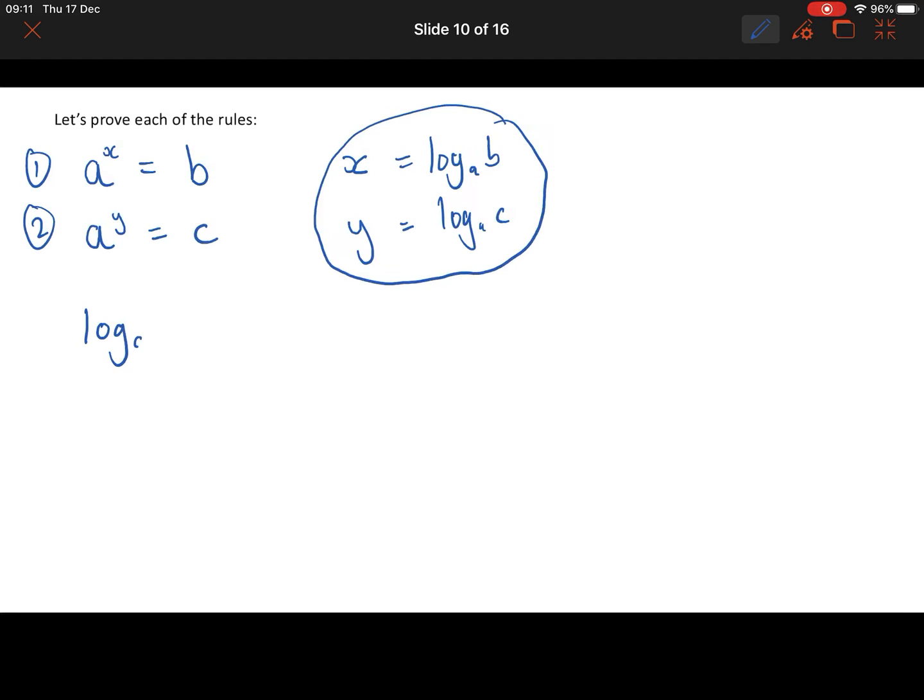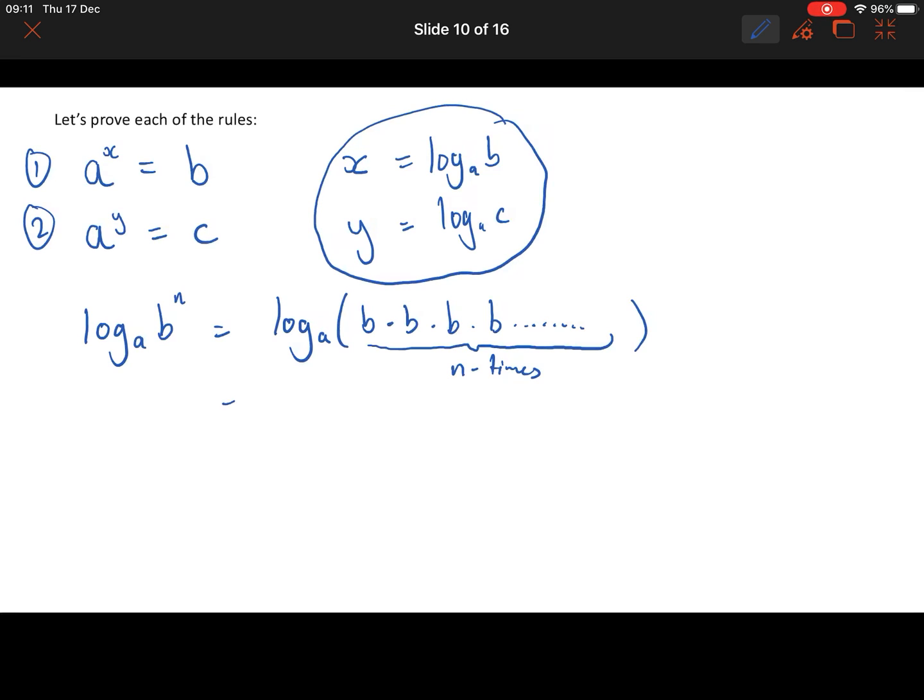What about rule number 4? Rule number 4 says what happens if you have something like this: log base a of b to the power of n. Okay. Now what we can do here is we can say that is log base a of b times b times b times b, and we'll be multiplying b by itself n times.